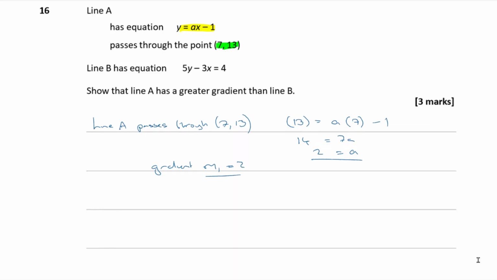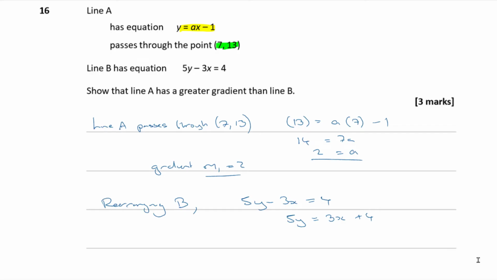And then for line B, what's the gradient of B then? So I'm going to rearrange it so it's in the form y equals mx plus c. So at the moment I've got 5y minus 3x equals 4. So adding 3x to both sides, I'm going to get 5y is equal to 3x plus 4.